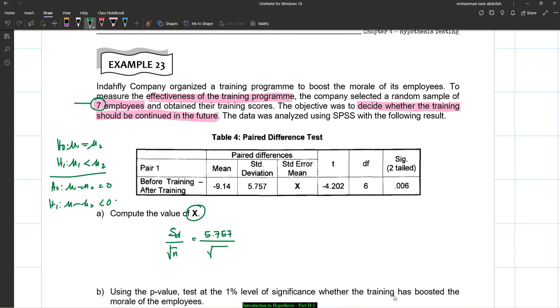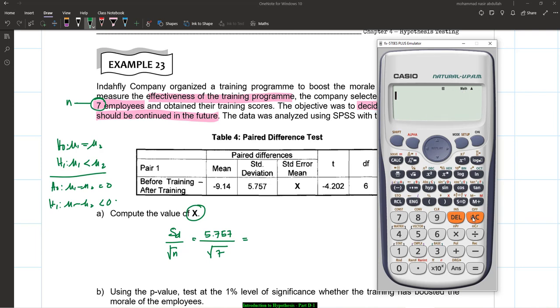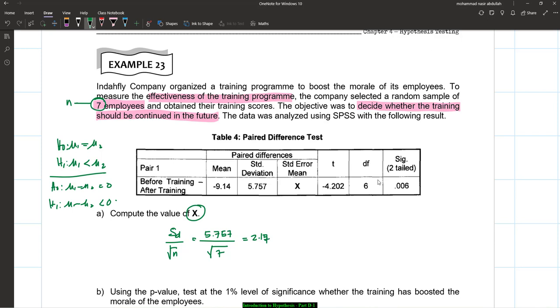So this is our n, equal to 7. So this one should be 5.757 divided by square root of 7, which should be 2.1759, right?